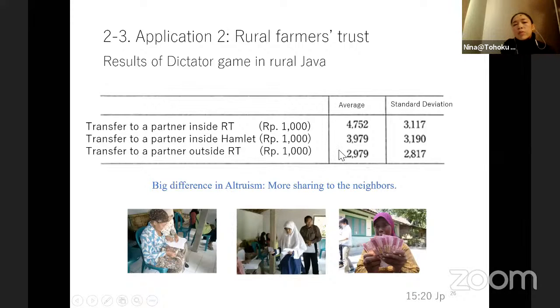So for rural villagers, compared to university students like you, they clearly have a different level toward inside-group neighbors and outside unknown people. But still, on average, they have a sharing norm. They feel they have to give some. It's interesting. More sharing to the neighbors.